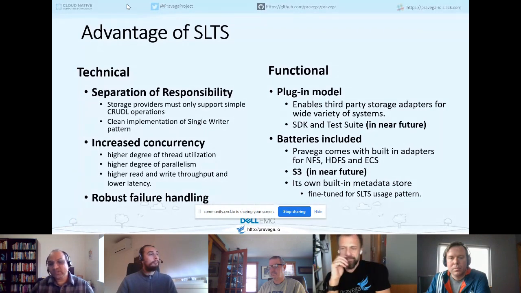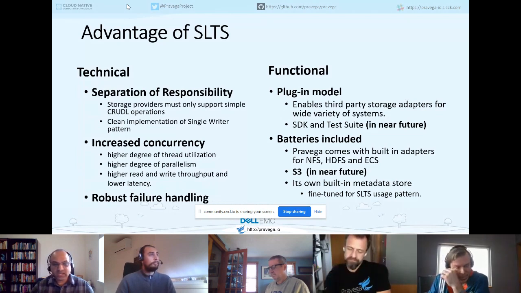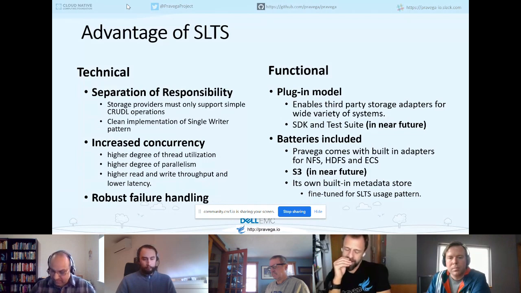It goes without saying that once we have the plugin model, there could be community-developed storage providers, for example, for Azure, for GCP, for Swift, and there are many other storage options available today, and we can create an ecosystem of storage providers.